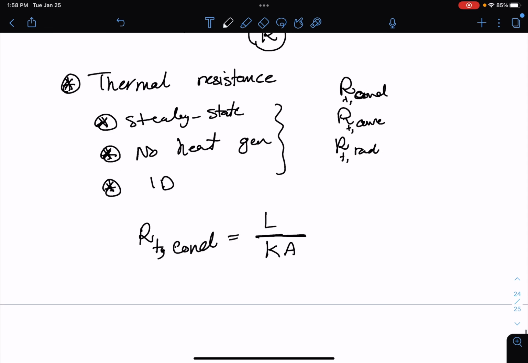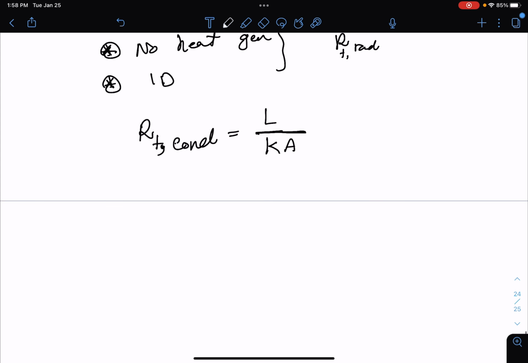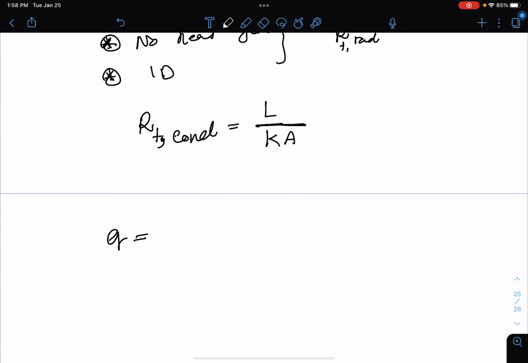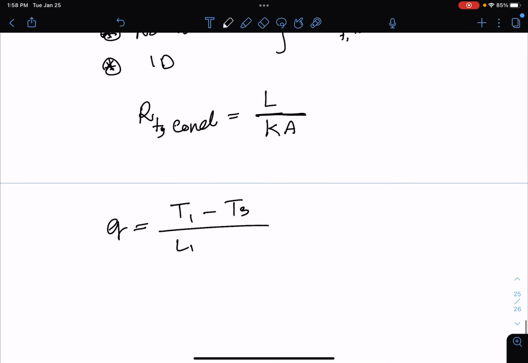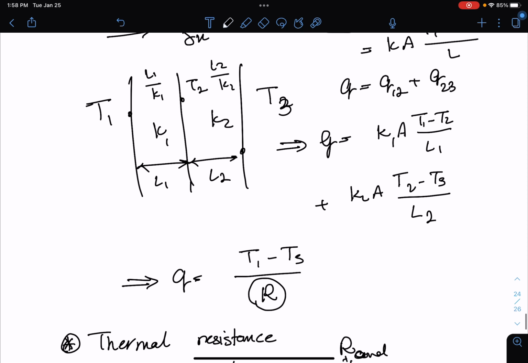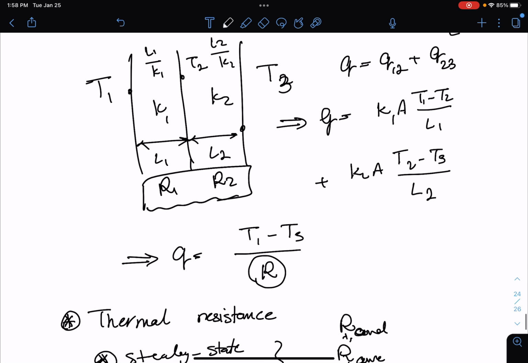Okay, so let's rewrite this Q using this thermal resistance. Q is equal to T1 minus T3 divided by the total resistance. How should we combine these two resistances, R1 and R2, to get a total resistance for this wall?